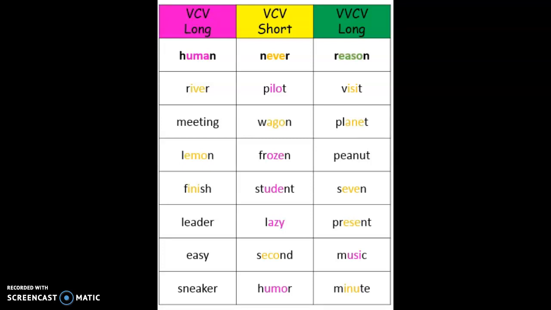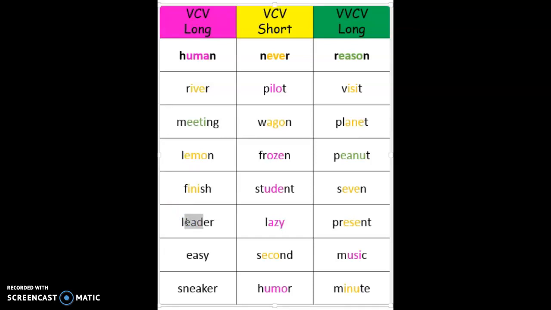The remaining words, let's see if they fit the pattern, the 5 that are left. Meeting. Vowel, vowel, consonant, vowel. A long vowel sound. Peanut. Vowel, vowel, consonant, vowel with a long vowel sound. We also have leader.